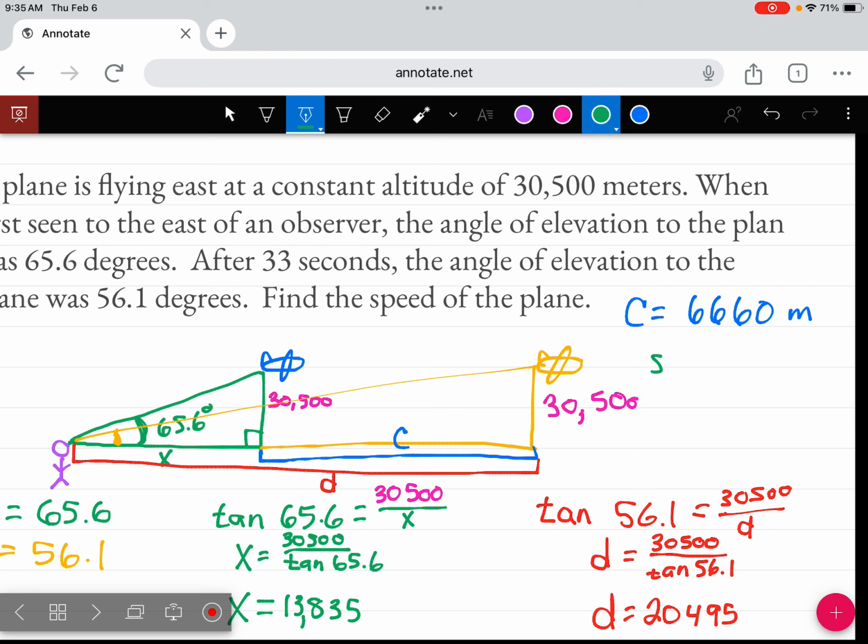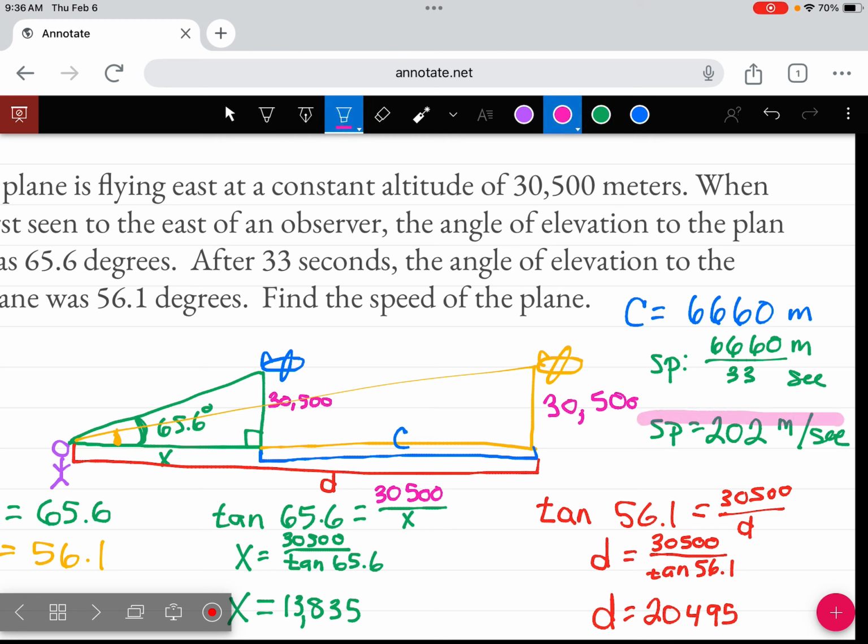So our speed is 6,660 meters per 33 seconds. What's our speed in meters per second? 201.81 meters per second, which we're going to round up to 202 meters per second.